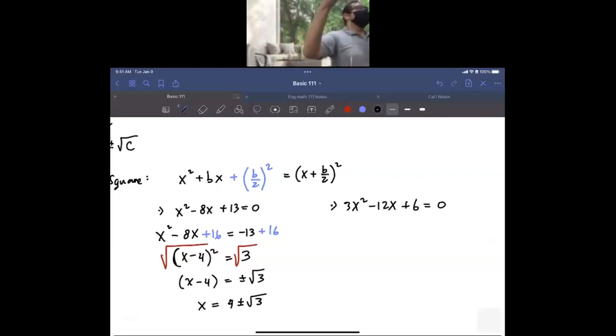Maybe any questions about this perfect square? I know one or two students looking a little bit confused on this perfect square. Any confusion? No? Okay.